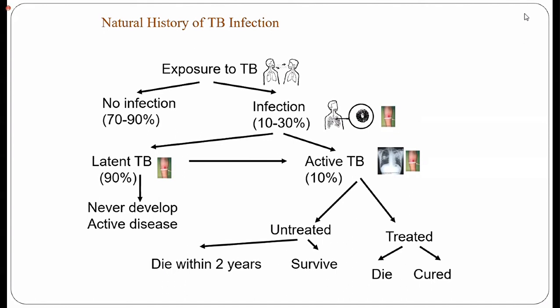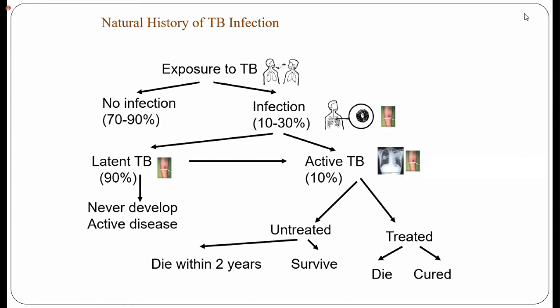They will never develop active disease. In active TB, some can be treated, some can be untreated, and they can die within a few years also. So the message is that there is active TB, but a high percentage can become latent TB. This is a source. And I remember one of the master's students did a survey in one of the hospitals for the rate of latent TB, and to my surprise, it was really high.